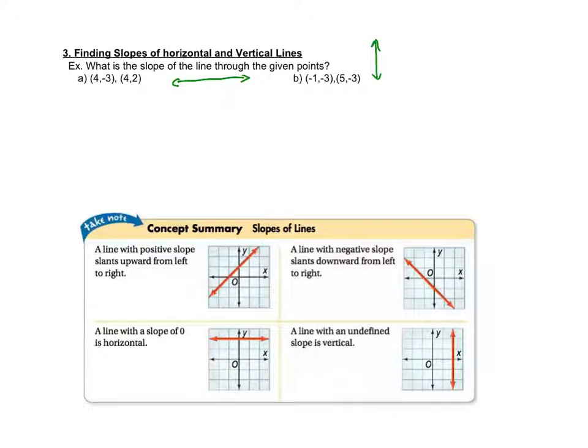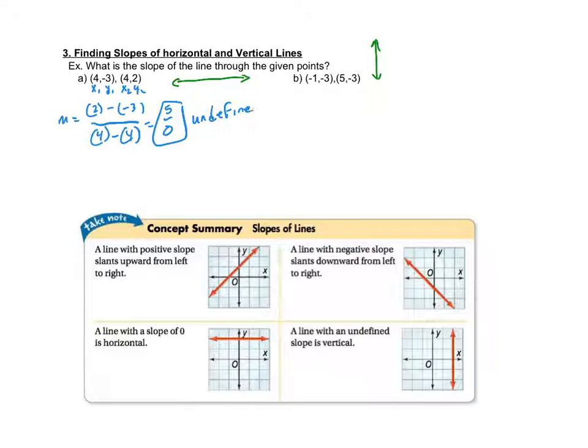And so we have x1, y1, x2, y2, and I have m equals y2, which is 2, minus negative 3, over x2 minus x1, which is going to be 4 minus 4, which is going to be 5 over 0, and that is also called an undefined number.